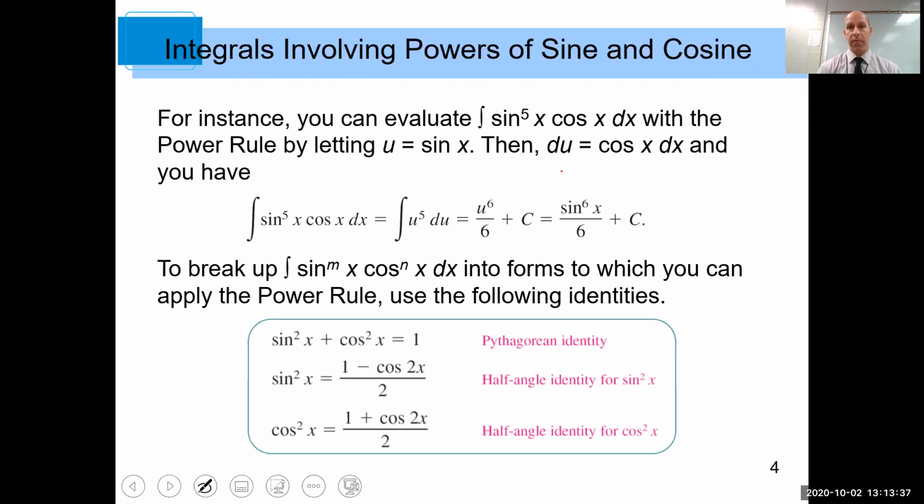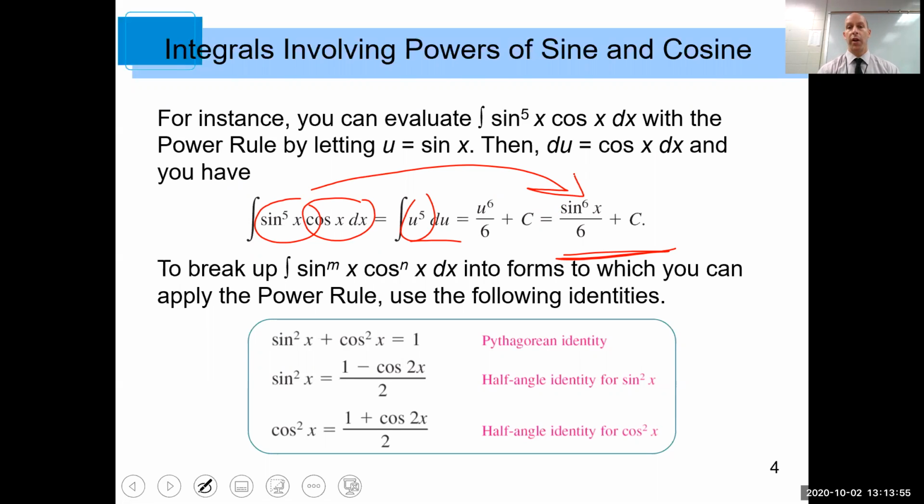And so we could just basically change this sine into the u, so that's u to the fifth, and then the cosine x dx, that's the du. So we are essentially using the power rule to get from here to here.